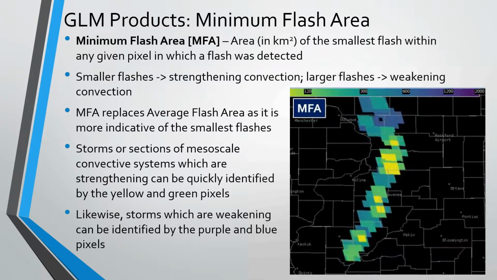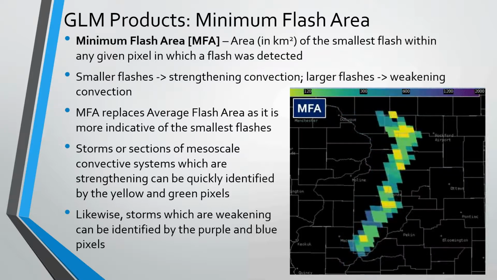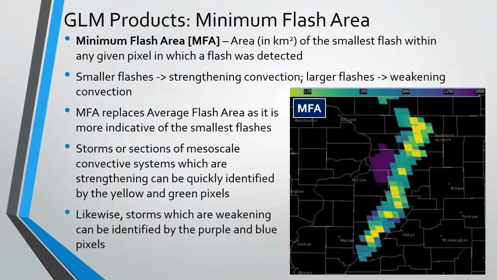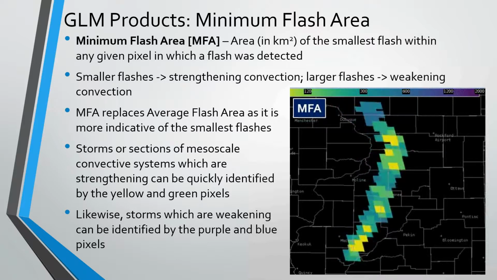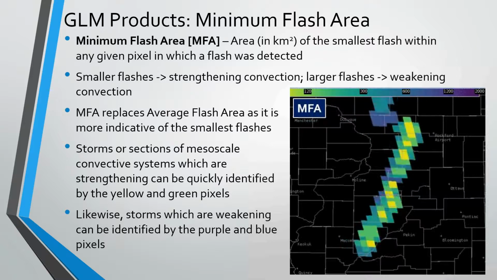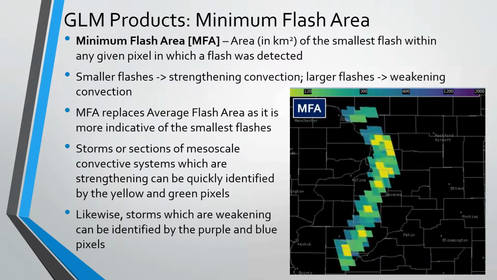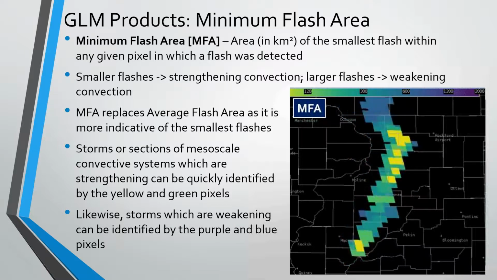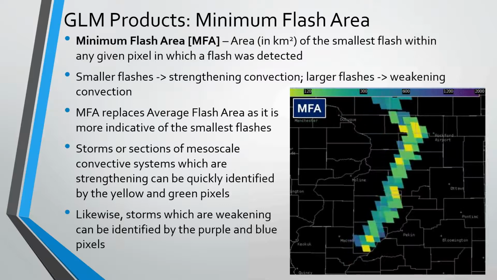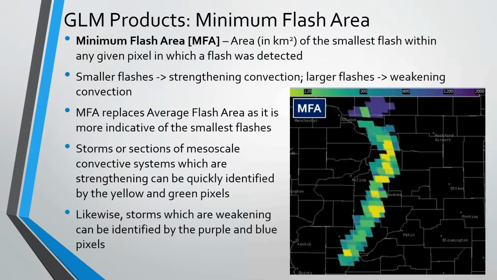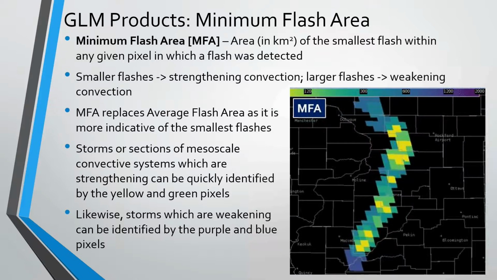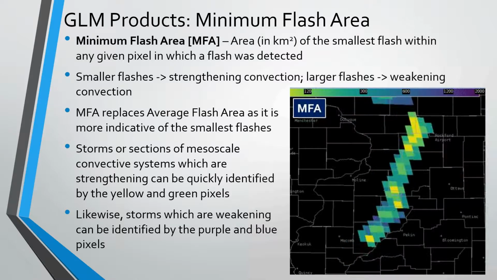And in addition, if you've got embedded convection, maybe it's a messy day and you're trying to gauge the strength of an updraft, if you see those consistently low MFA values, that can tell you, oh, this could be a storm I should be paying attention to, because we have a localized strong updraft in this area.